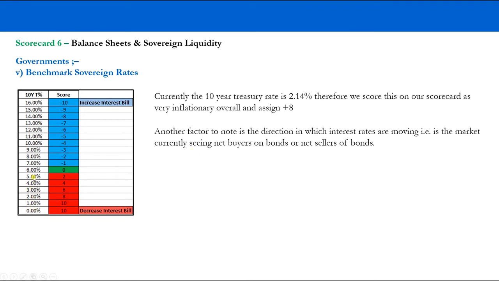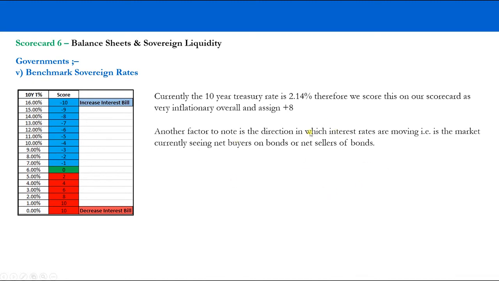And if there's net sellers of bonds, this means the private sector is less prepared to lend money to the government and is demanding ever higher rates because they see more risk.